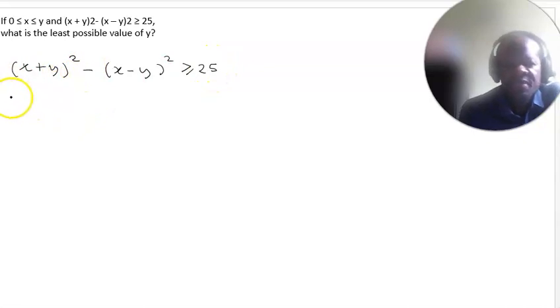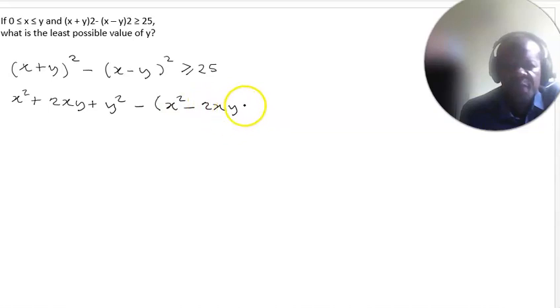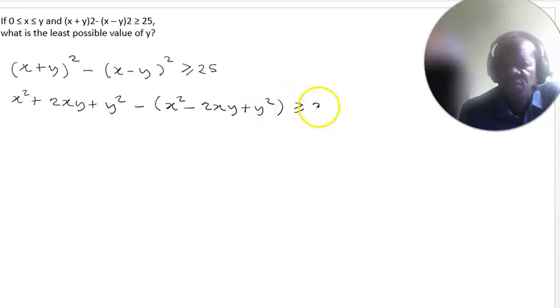So let's expand this. If we expand this, we get x squared plus 2xy plus y squared minus, let's expand this as well, x squared minus 2xy plus y squared, so greater than or equal to 25.